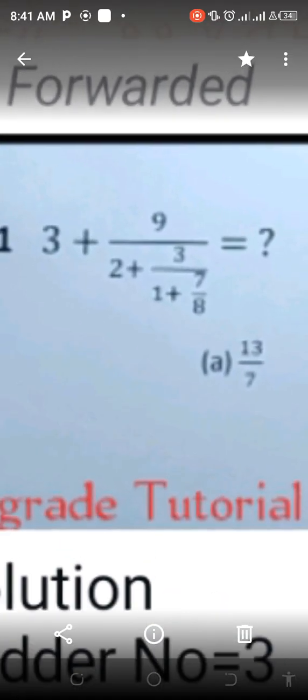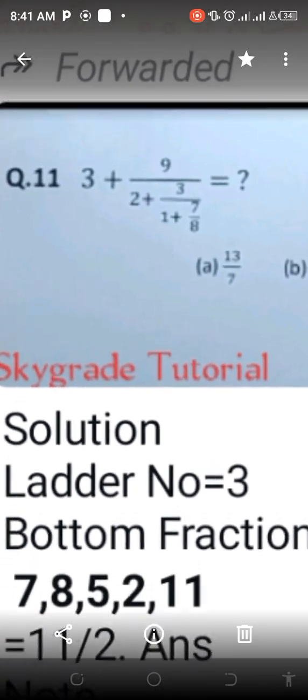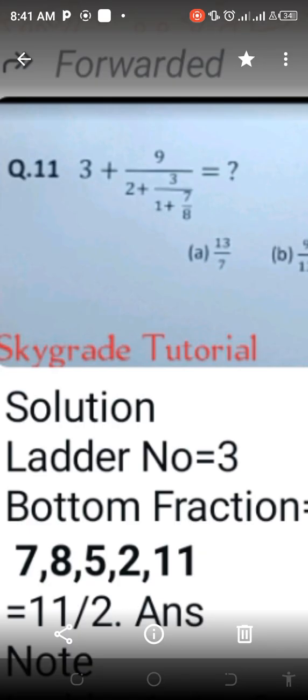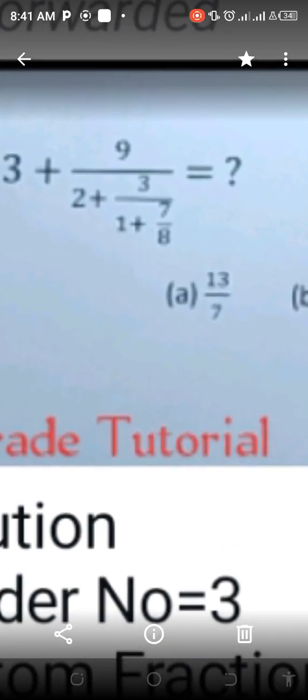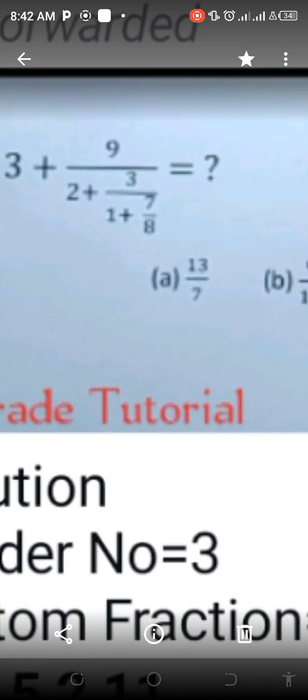So the first thing we'll do now is to write down the number of ladders. Writing down the number of ladders will enable us to know how many ladder values we are going to compute. After that, we look at the bottommost fraction, which is 7 over 8.